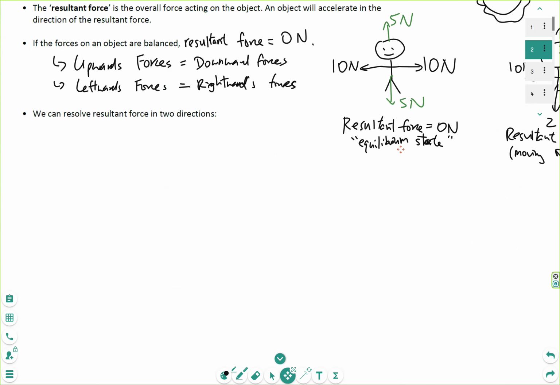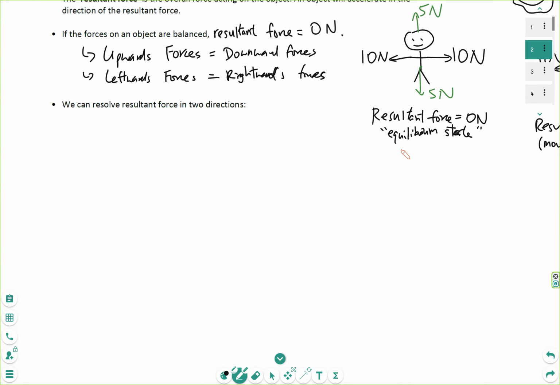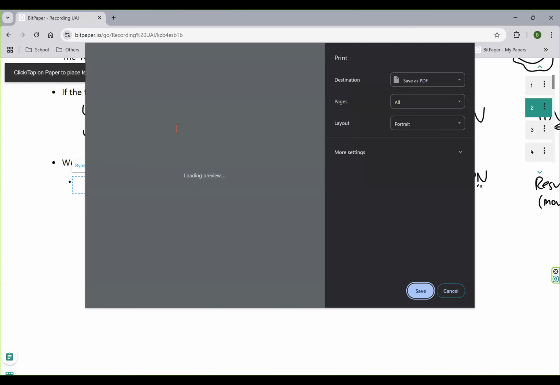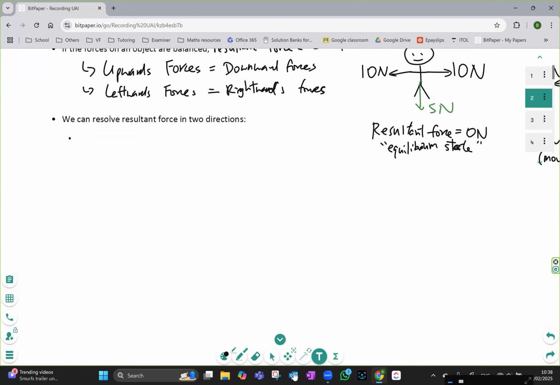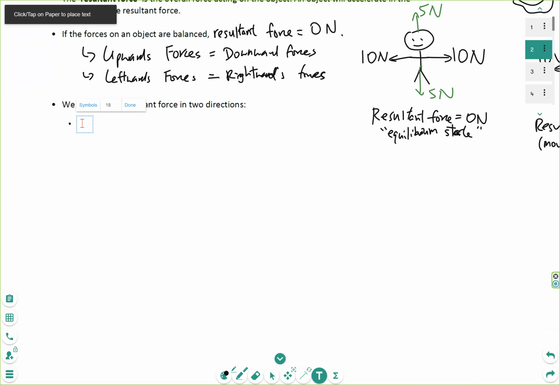All right. So we can resolve resultant force in 2 directions. One is called parallel. Let me type it up because my writing has not been the best recently. Not recently, it's always been the case. So parallel to direction of motion, or we can say x direction.